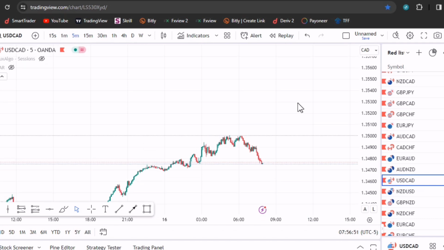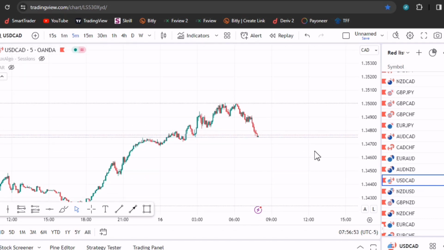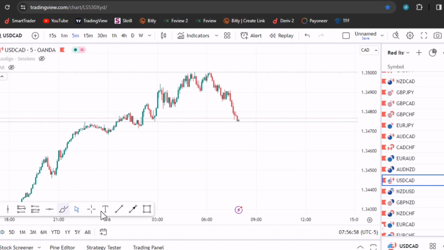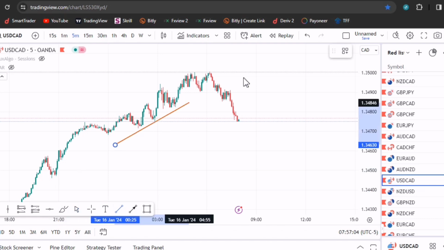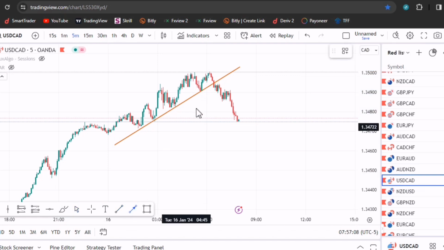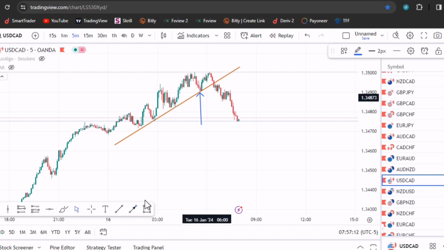On the 5 minutes time frame, already I can see that there was a very good chance for a sell. Because if you draw this trend line, remember what you do: you look at the last part that is touching the trend line, and you highlight it as a key level.